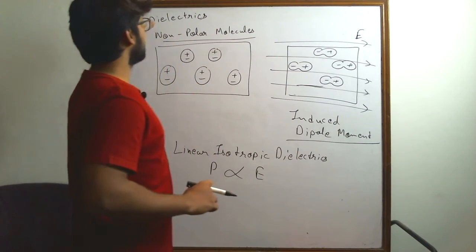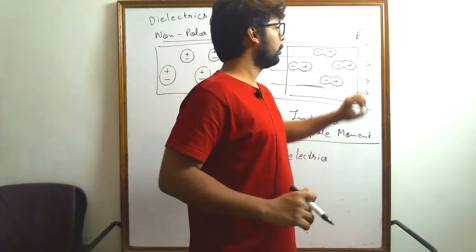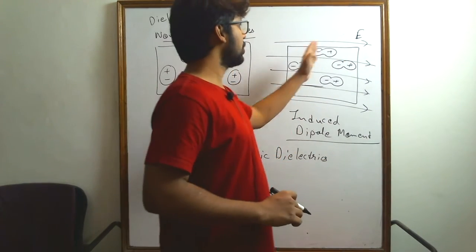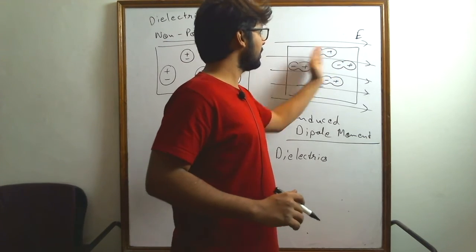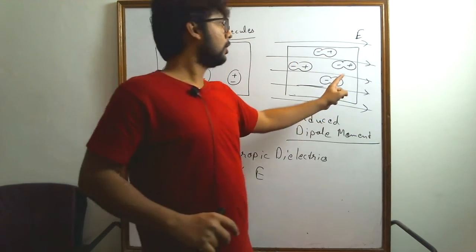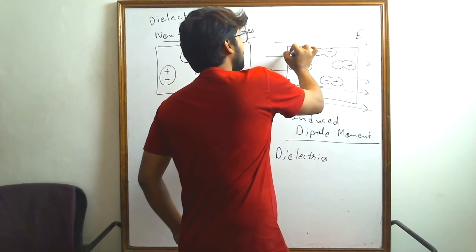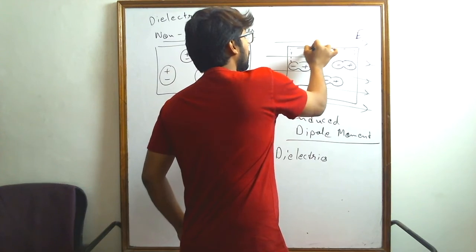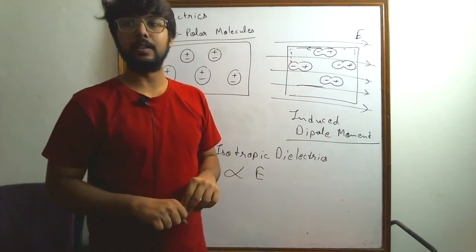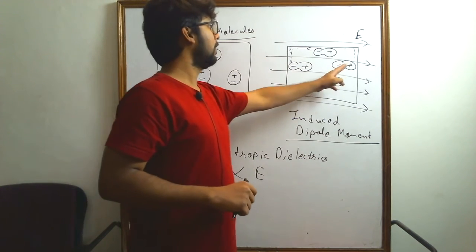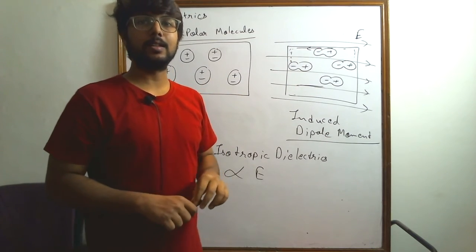So this is what happens in non-polar molecules. When a dipole moment is induced, obviously the charges are not that large, but because the charges have separated, there will be an electric field in the direction opposite to the external electric field.